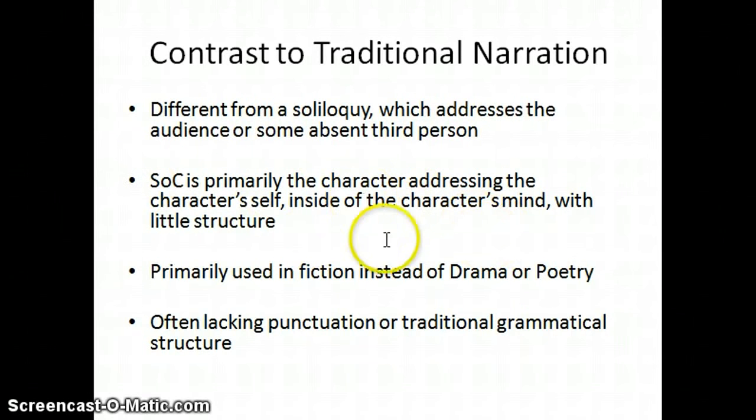We see the inside of the character's mind, and it has little structure. It can jump from place to place, whereas with a soliloquy, you're usually going to get a logical sequence with complete sentences and beautiful words, lots of literary devices, whereas the human mind doesn't really work like that.